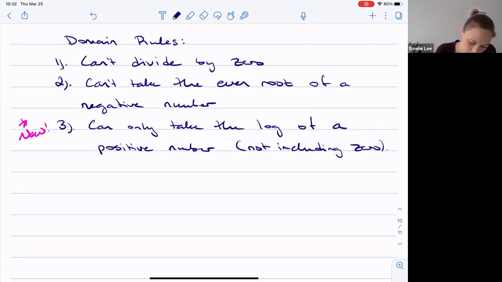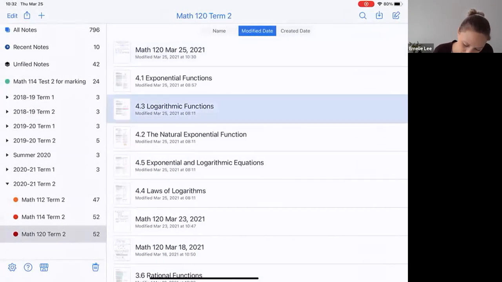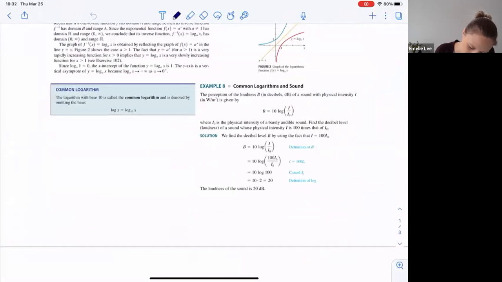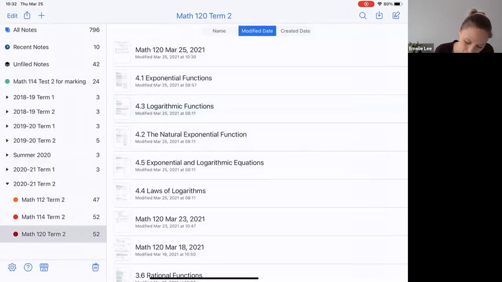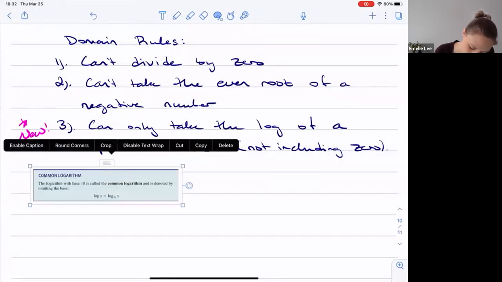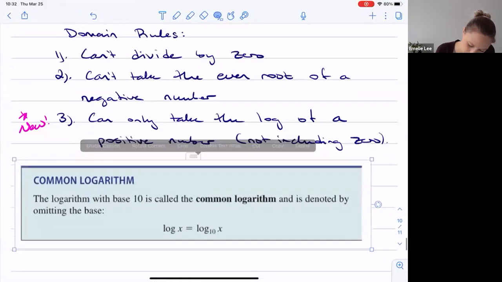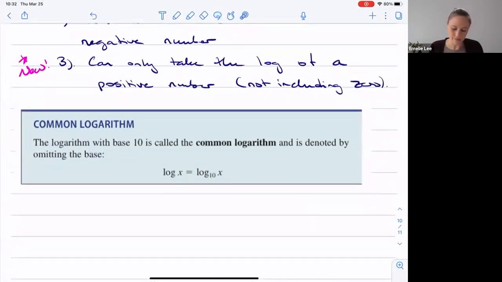The log button that we used, log base 10, is the common logarithm. There are 2 logs with special names and with special bases that we don't write.